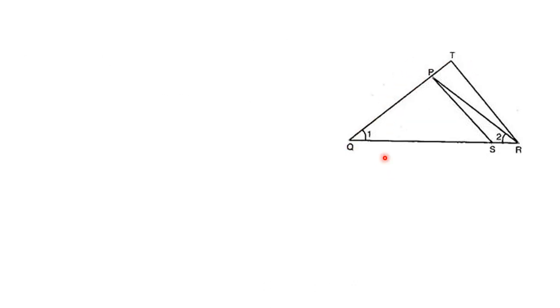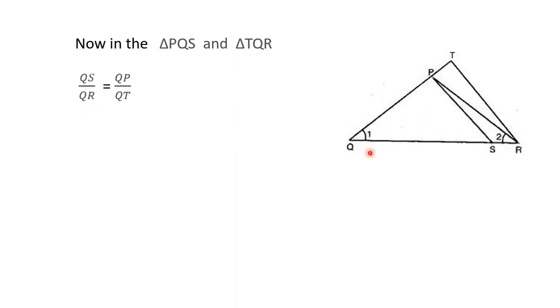Okay. So now we can take the triangles PQS and the triangle TQR. In these two triangles, QS upon QR is equal to QP upon QT, and also angle SQP is equal to angle RQT, which is angle number 1.